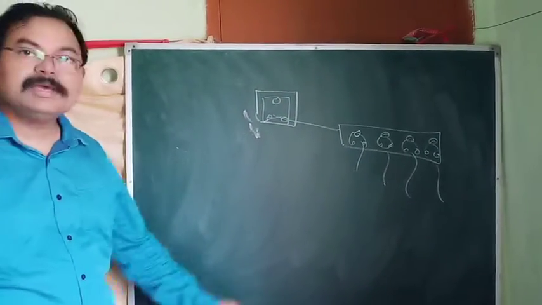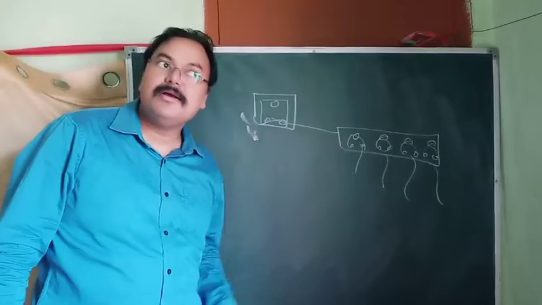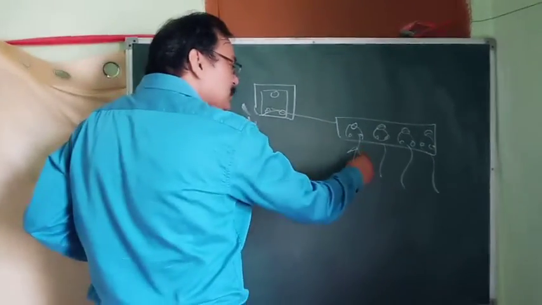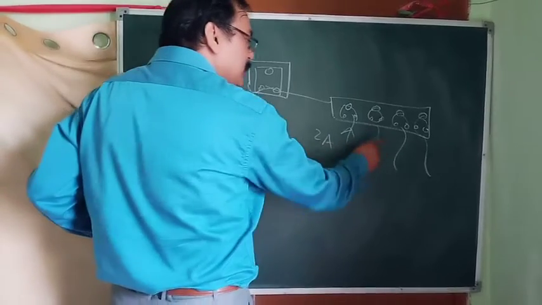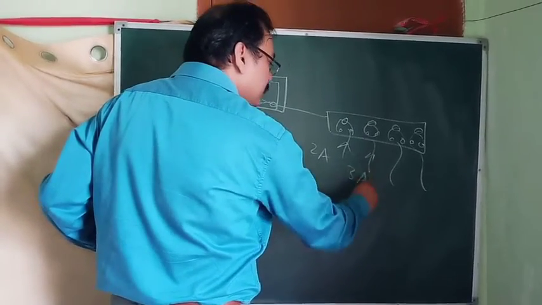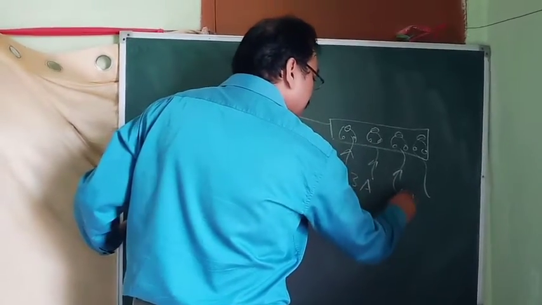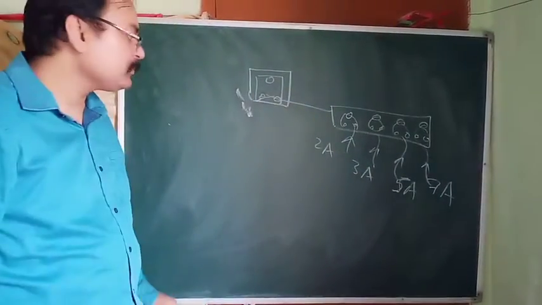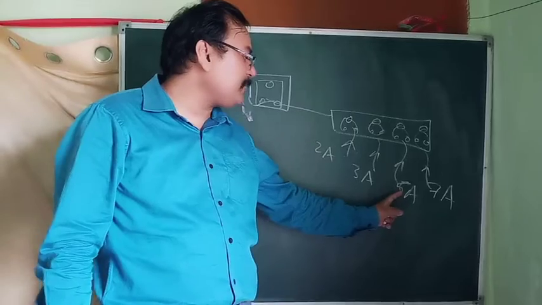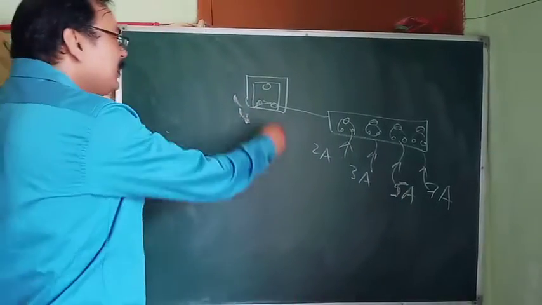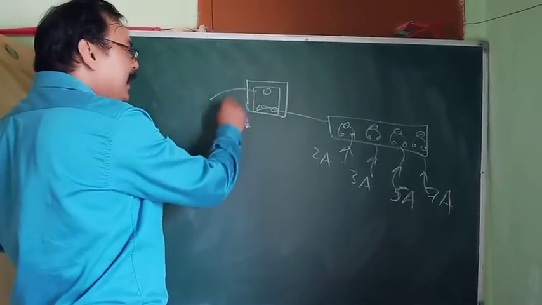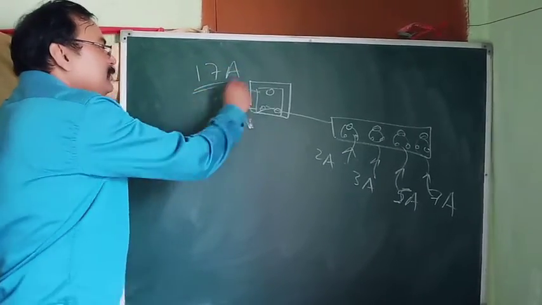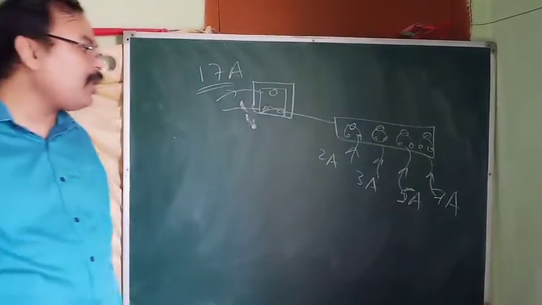So what happens? They all require different amounts of current. Suppose this requires 2 ampere, this requires 3 ampere, this requires 5 ampere, and this requires 7 ampere. What will happen? 2 plus 3 is 5, 5 plus 5 is 10, plus 7 is 17. So the wire connected behind this has to carry how much? 17 ampere of current. But it is capable of carrying how much?